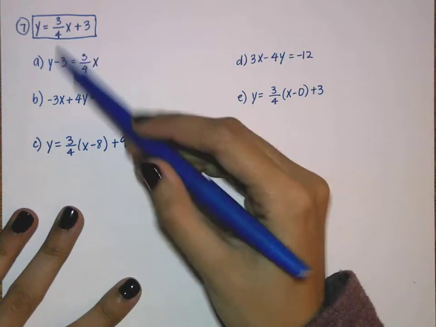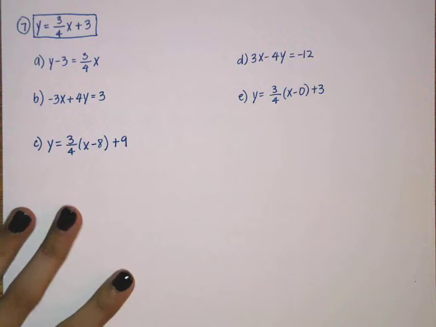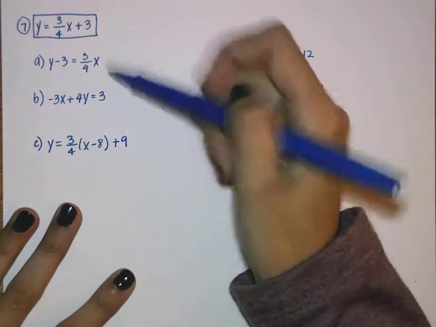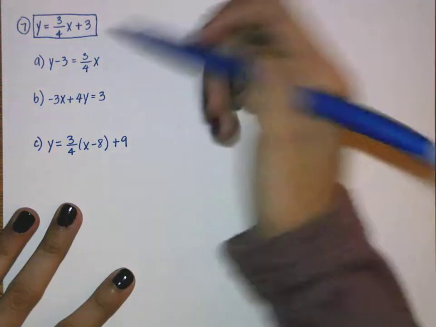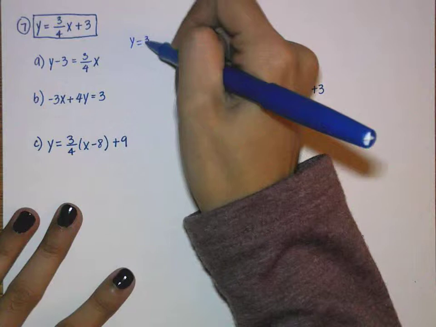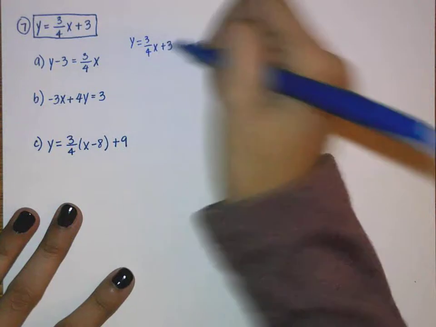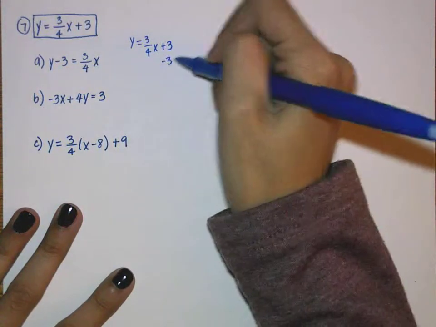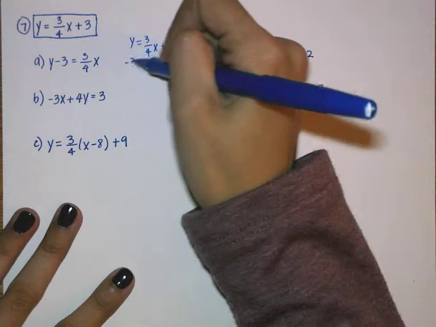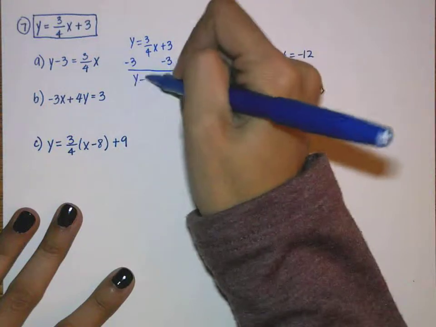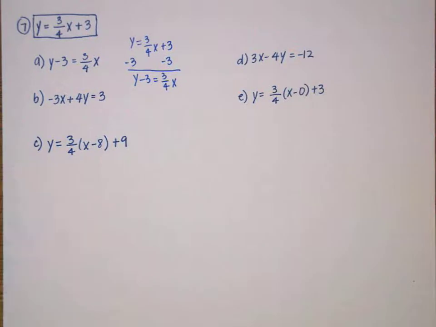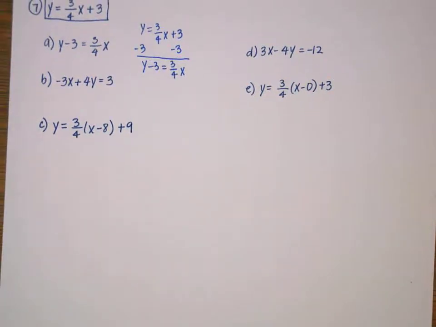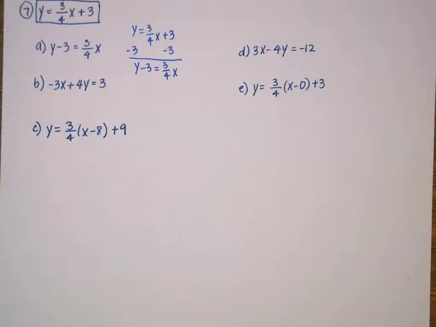So in order to move plus 3 from one side, or in order to reduce it to plus 0, which is what it is right here, I can subtract 3 from one side, and what I do to one side, I must do to the other, and that leaves me with y minus 3 is equal to 3 over 4x plus 0, which is option A. Therefore, it does graph the same line. Therefore, it is not the answer we are looking for.